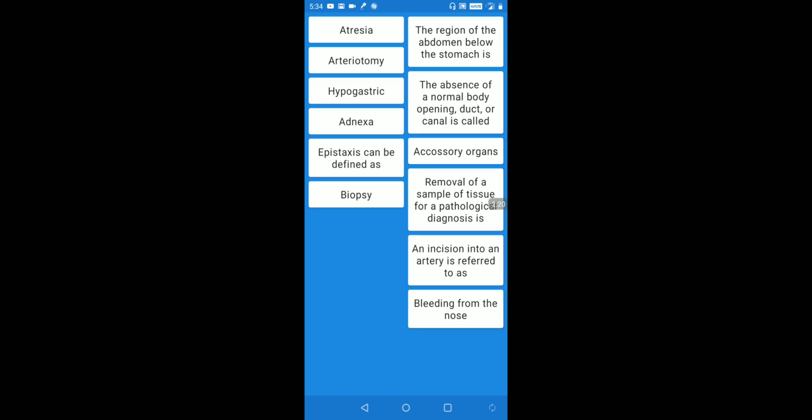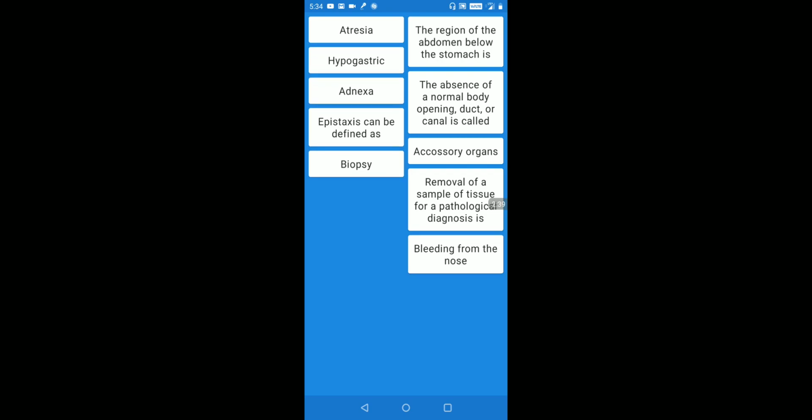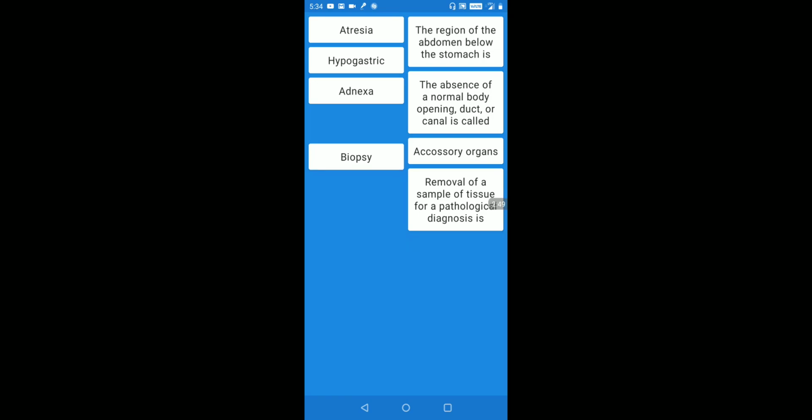Removal of a sample of tissue for a pathologic diagnosis is, I'm not really too sure, I don't remember. But I remember an incision into the artery. Epistaxis can be defined as bleeding from the nose.